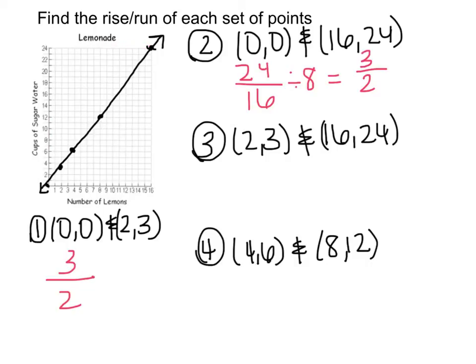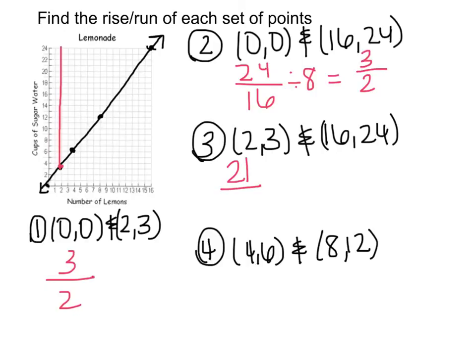We are going to have 2/3, or not 2/3, I'm sorry, 0.66, which is going to be right here. And we are going to go all the way up to 24, 16. So we're going from 3 to 24, which is going to give us 21.